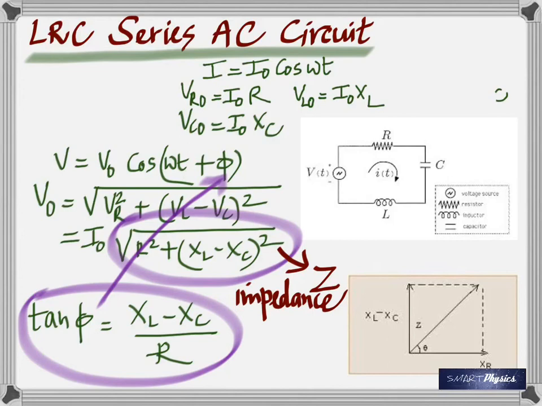And when would that happen? Because just now we said I XL is equal to I XC. Isn't that what we said? That's the voltage across the inductance, that's the voltage across the capacitance. You set them equal to each other. Plug in the values. XL is omega L, the I cancels out, and XC is 1 by omega C, isn't it?